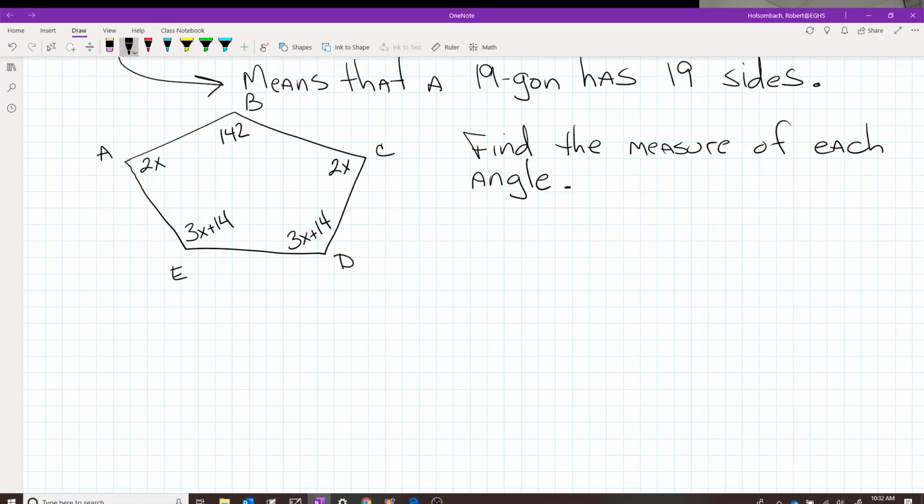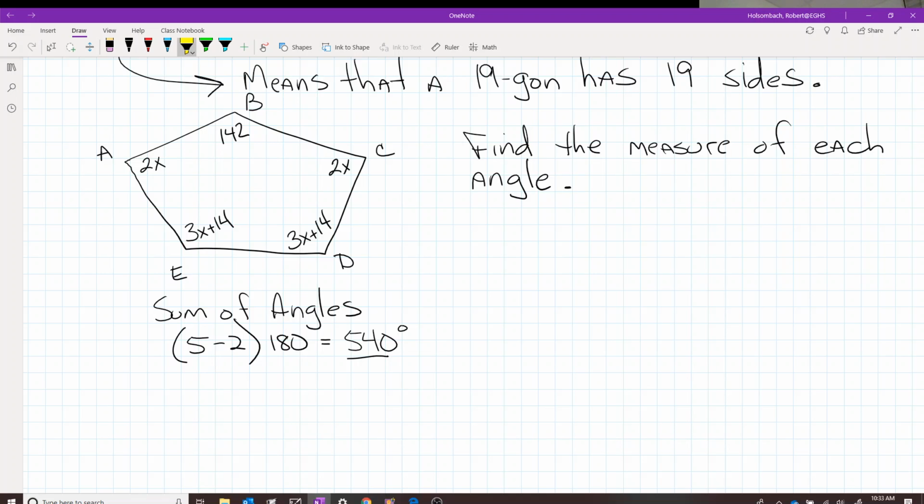You've been doing this type of problem all year with triangles. The first thing you need to know in this problem is what these 5 angles need to add up to. So the sum of the angles is going to be 5 minus 2 times 180. And what was 5 minus 2 times 180? That was 540. So the sum of the 5 angles in this pentagon is 540.